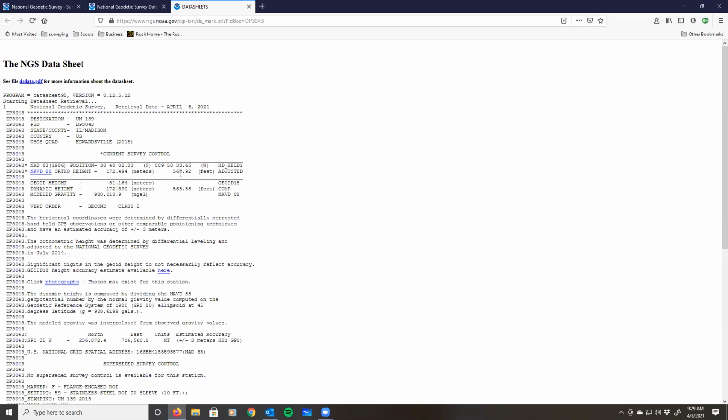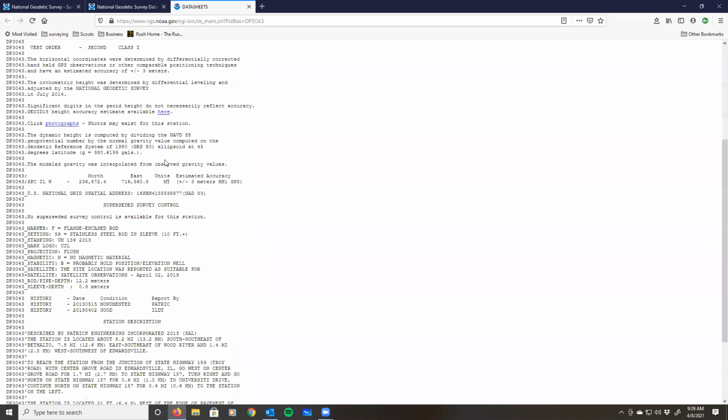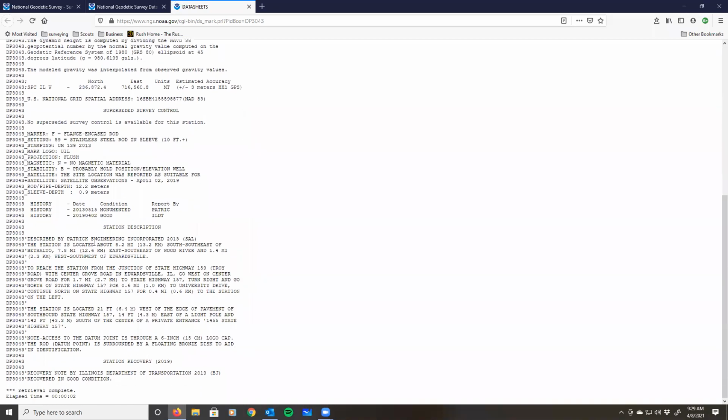172.494 meters based on NAVD 88, 656.92. It's described by Patrick Engineering Incorporated in 2013 as being 8.2 miles south-southeast of Bethalto.